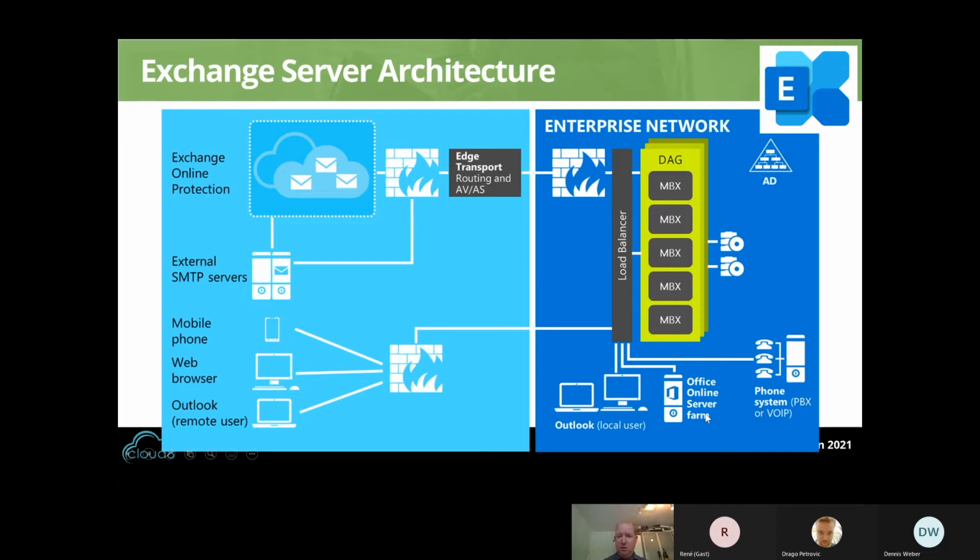You have the Office Online Server farm also on the bottom. That allows you to share documents or edit documents in Outlook on the web. And you have the Edge Transport Service, which is running in the perimeter network to service sending and receiving SMTP emails to Exchange Online Protection, which you see in the upper left-hand side.